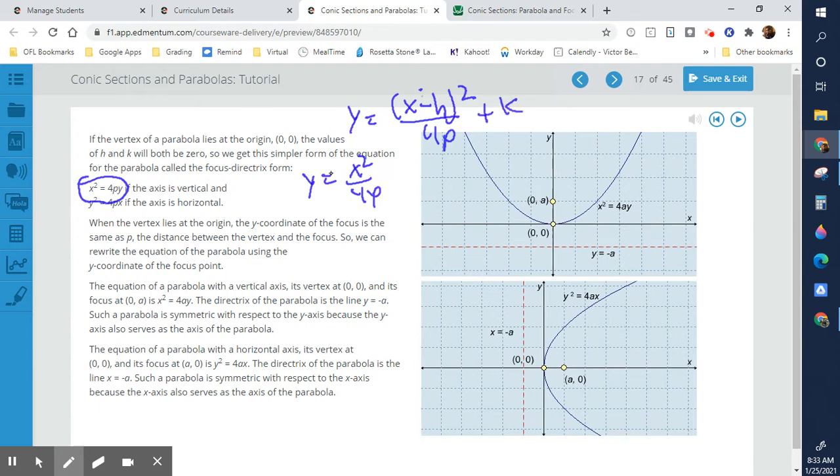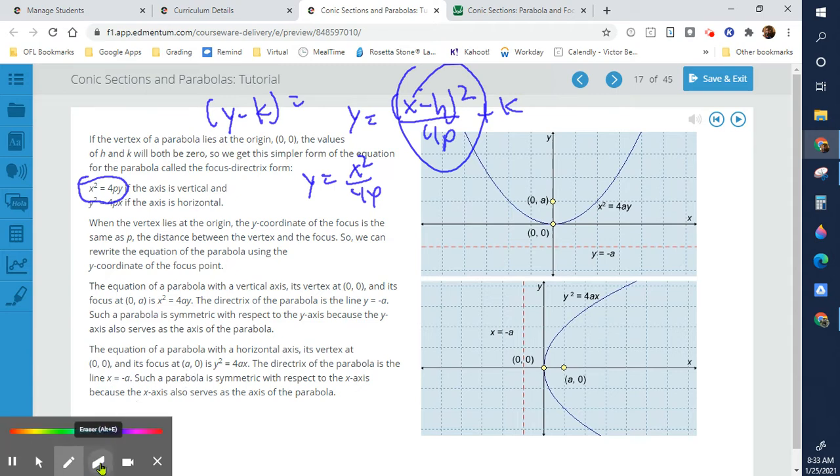And one thing you'll notice too is the plus k. How come every time we graph, it's always plus k, but whenever we're graphing an x, it's minus h? That's because normally it would have been y minus k equals all this right here. But when we move it over, that's when it looks a little different.